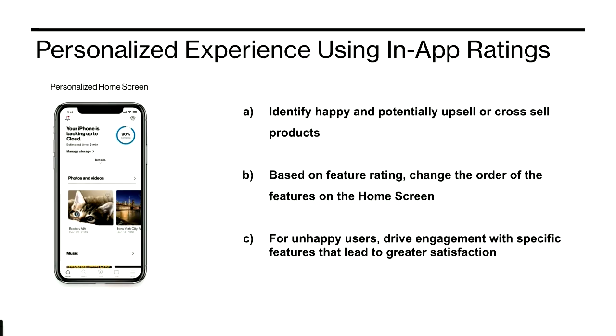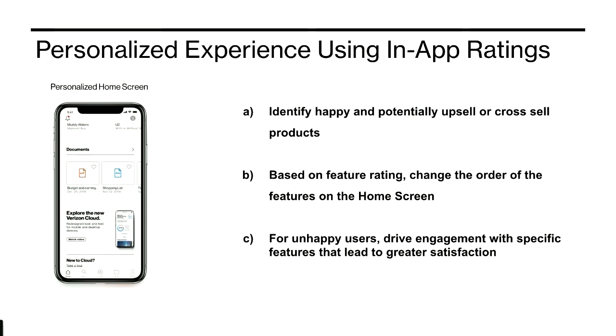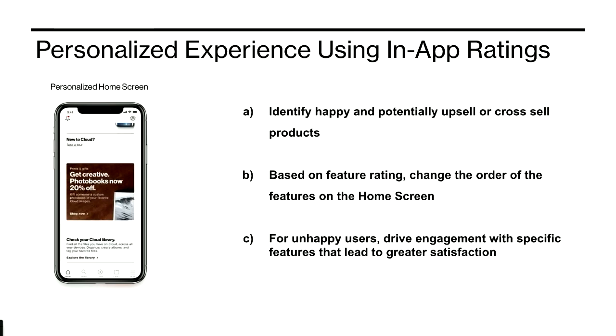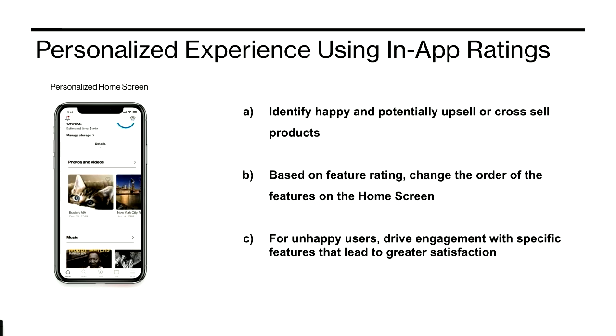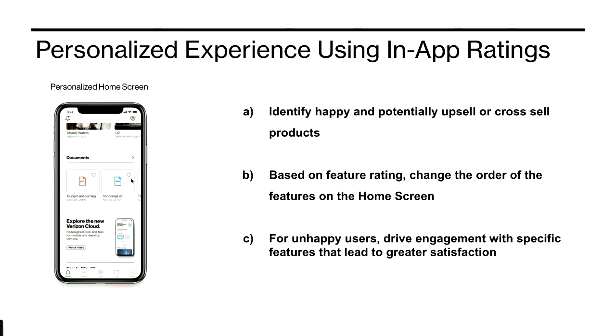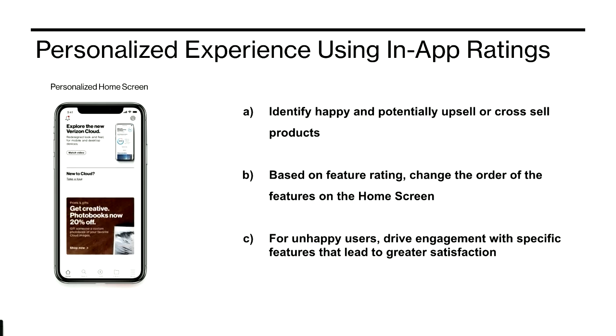Here I'm again looking at all the insights I was able to draw so far. First, you have identified by this point who is the happy user and who is the unhappy user, right? You know for each of these users who has given, let's say, 1-star versus 5-star. Now for the happy users, you can personalize your home screen by promoting certain products, cross-selling certain products, or asking them to upgrade.